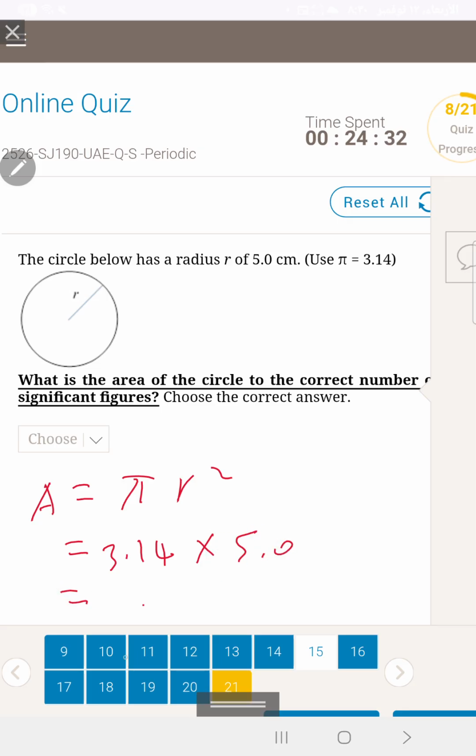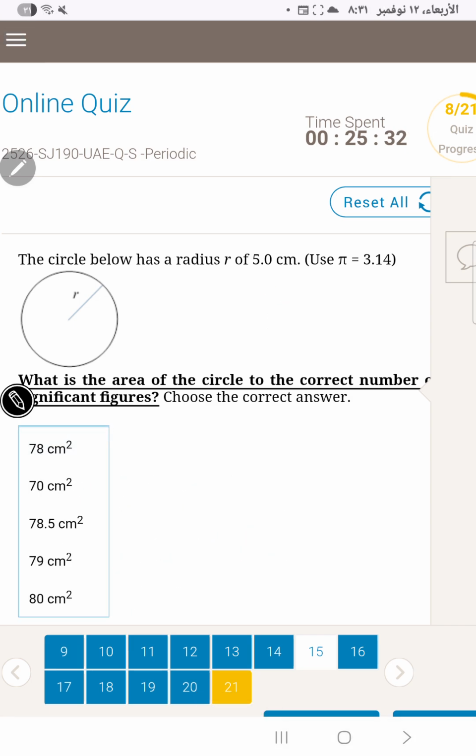So multiply these and get the answer as 2 significant figures. You must choose the answer as 2 significant figures. So here 5 squared. Now the answer will be 78.5 centimeters squared. 78.5. So here you have to choose this option.